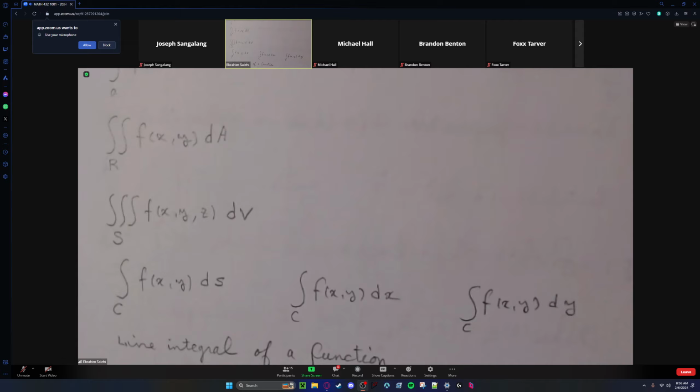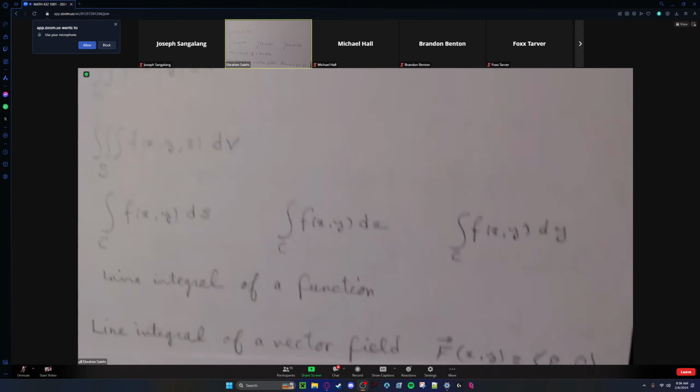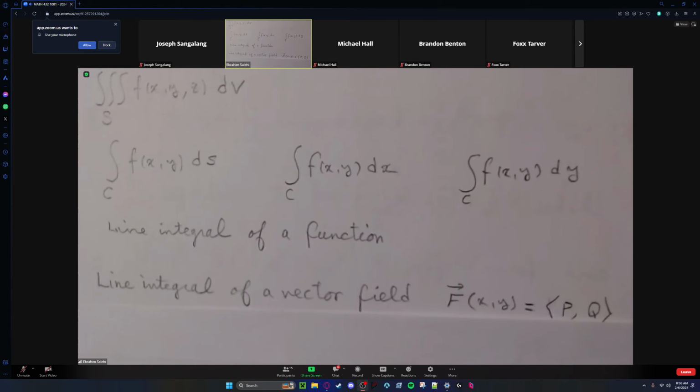We had a line integral of, for example, a vector field, which from physics interpretation is the work done when you apply this force to an object, and you try to move that object along a curve, okay? That's called the work done.